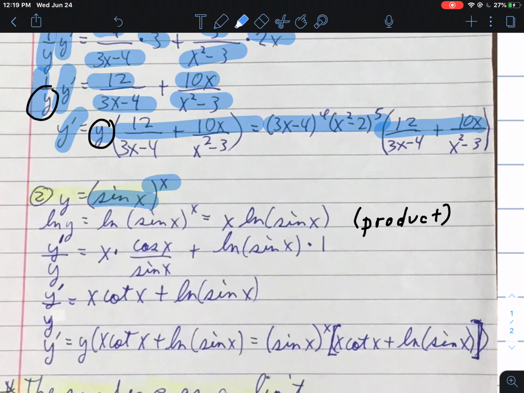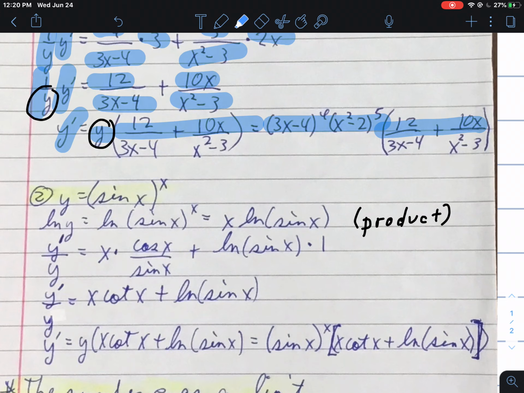But the base, if you remember, has to be a positive constant. And that's not what I have here. My base here is the sine function, which could be positive or negative, depending on the value of x. So my base is not a constant. It has to be a positive constant in the base with a variable exponent to make it an exponential function. So it's not exponential either.